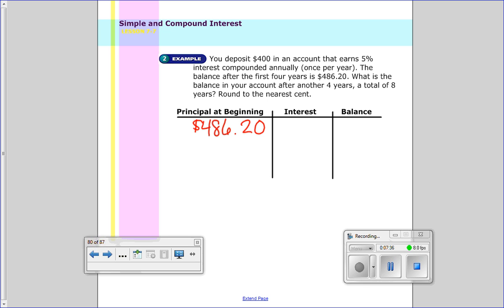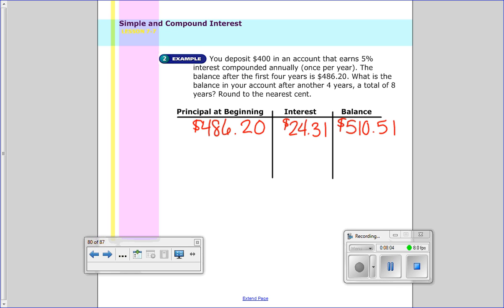So I take my principal, 486 and 20 cents, times that 5%, and I find out that I earned $24.31 in interest that year. So then I add that to my original balance, 486.20, and my balance at the end of year 5 is $510.51.